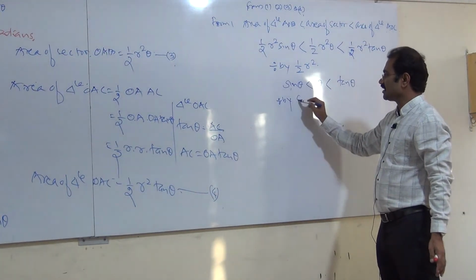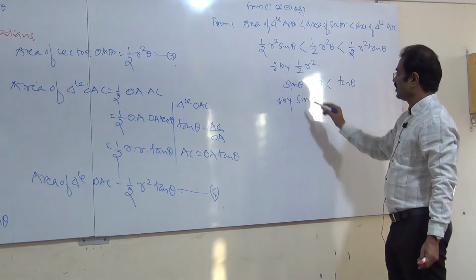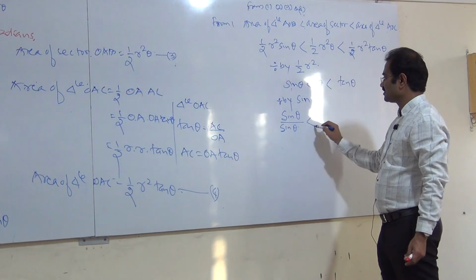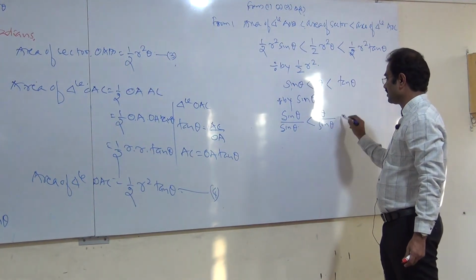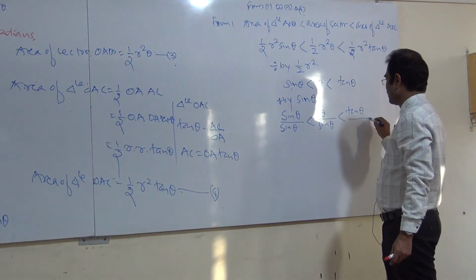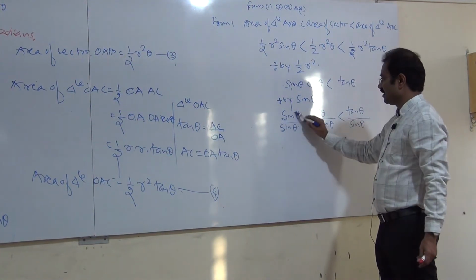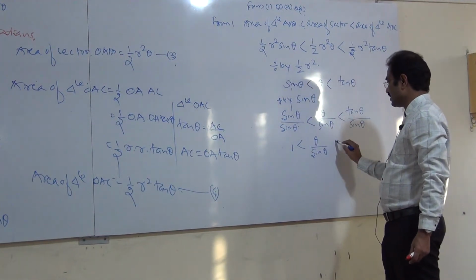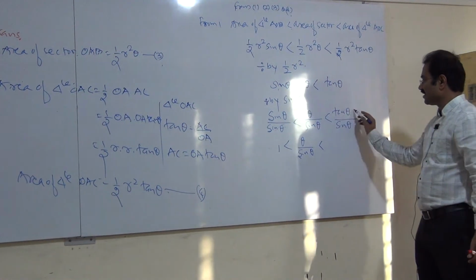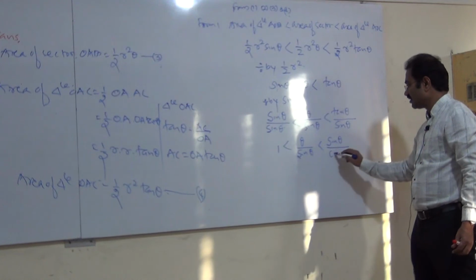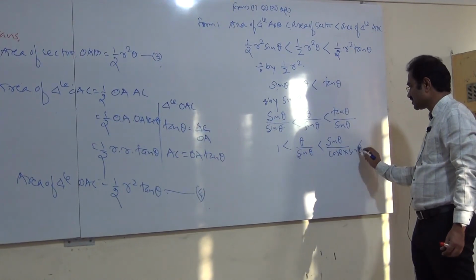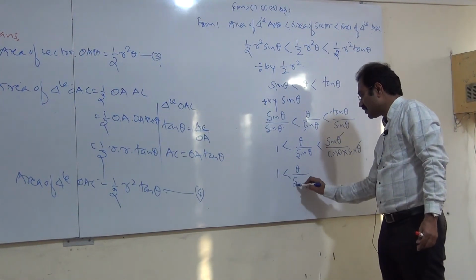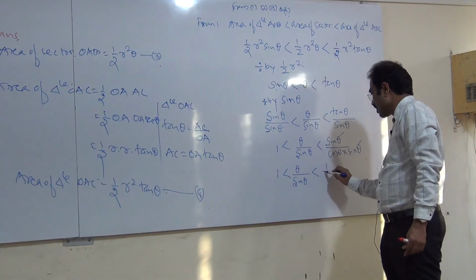Again divide by sin theta: sin theta by sin theta less than theta by sin theta less than tan theta by sin theta. They cancel, so it is 1 less than theta by sin theta less than, tan theta means sin theta by cos theta, into 1 by sin theta, sin theta cancels. 1 is less than theta by sin theta less than 1 by cos theta.